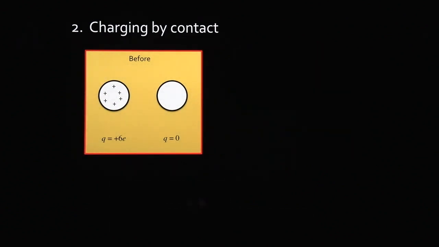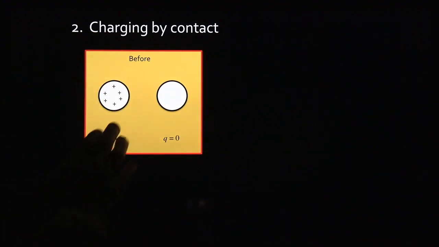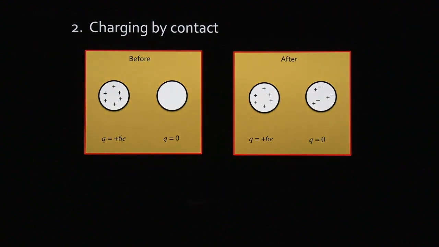So going on to the next one. Well, what happens when one thing is positive over here? Remember, I made that positive by stripping 6 electrons away, and now there's 6 protons without partners. When I touch these two together, do the protons jump into the other object? No, I said protons don't move. Remember, the other object has a balance of protons and electrons.